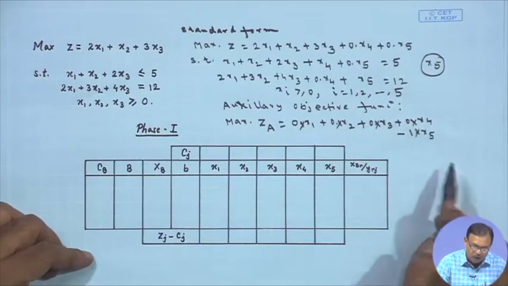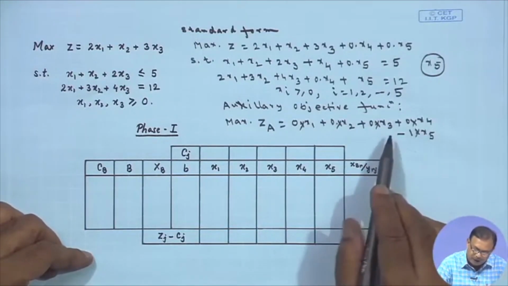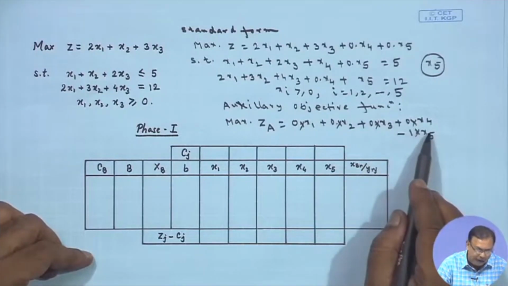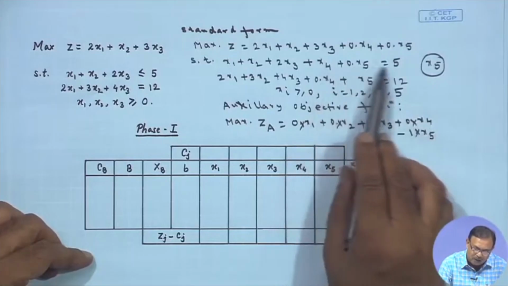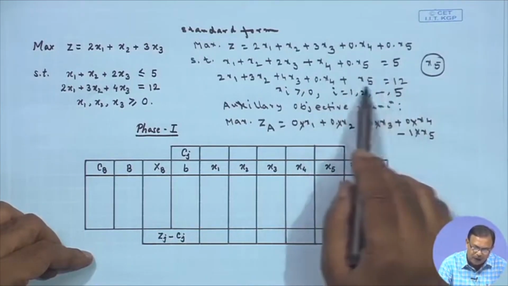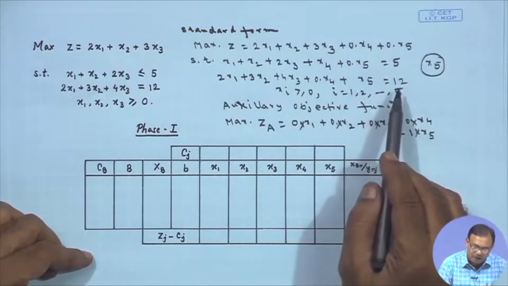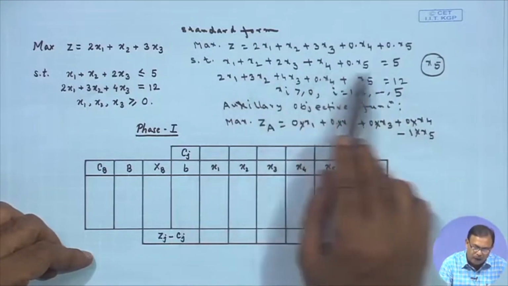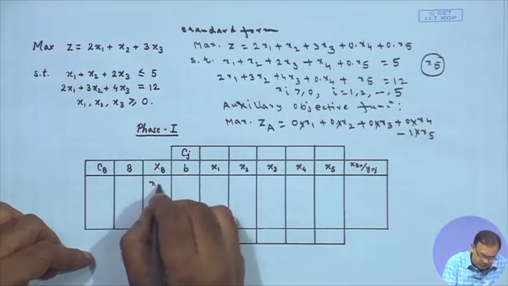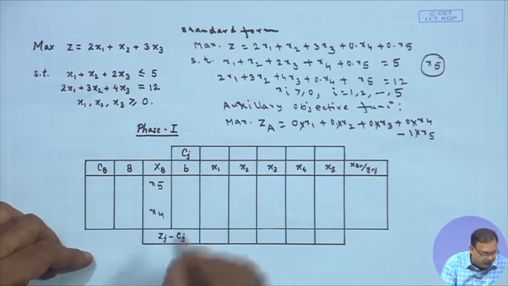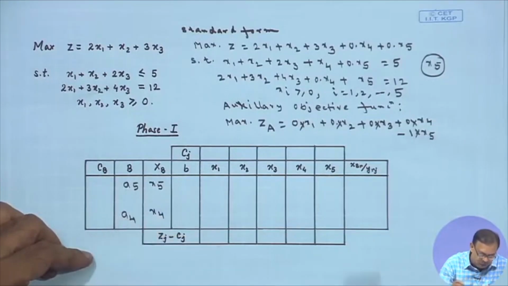So, what will be your initial solution? Your initial variables are x4 and x5, and from here you can obtain x4 equals 5 and x5 equals 12. This is the initial basis in this case, because I have to make all other variables 0. So, you write down here x5 and x4, that is also a5 and a4.